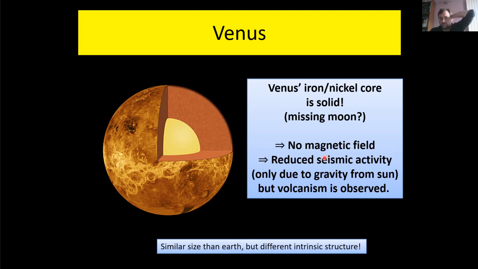So this still allows for volcanism to be observed. The very active volcanism explains this very dense carbon dioxide atmosphere. But a solid core means no magnetic field.